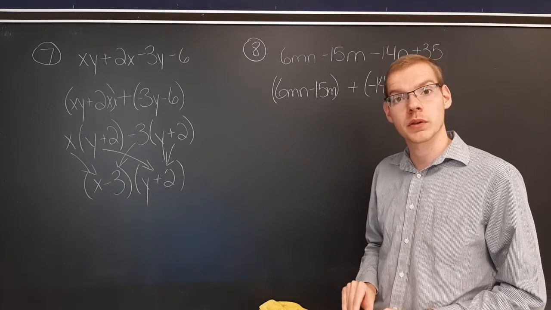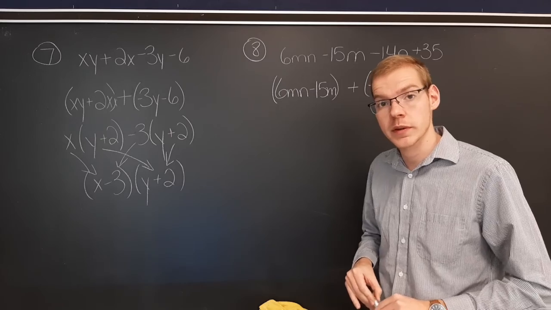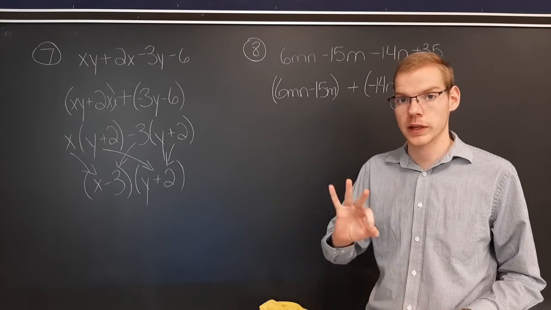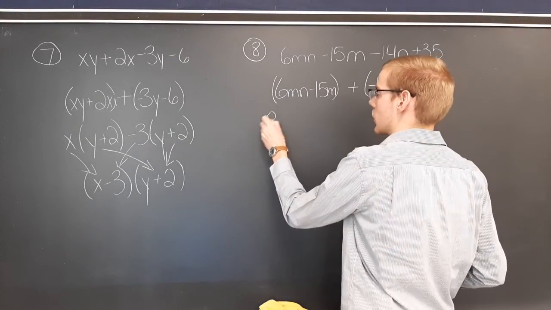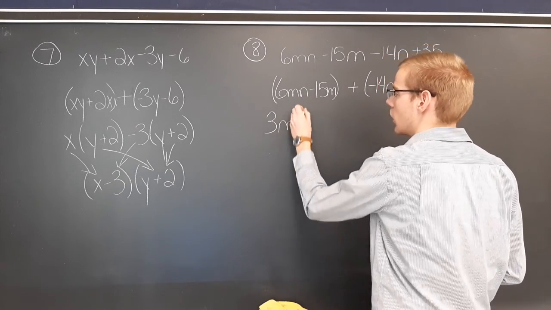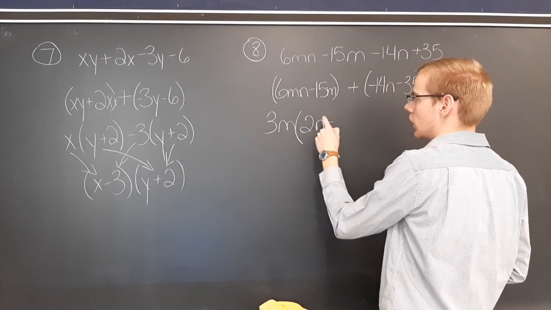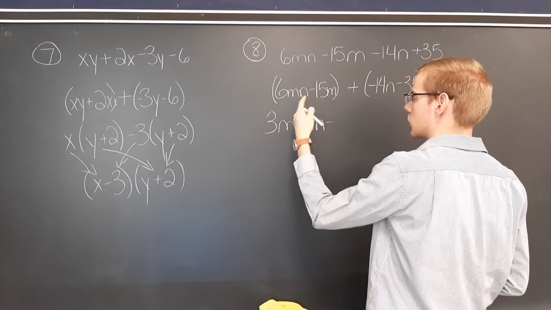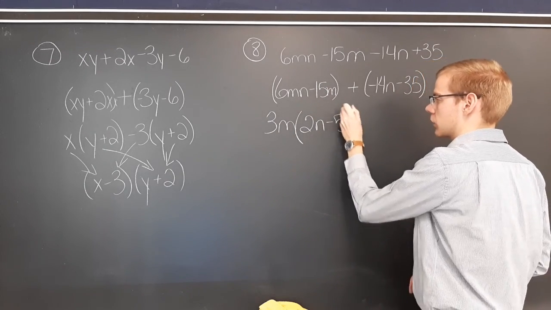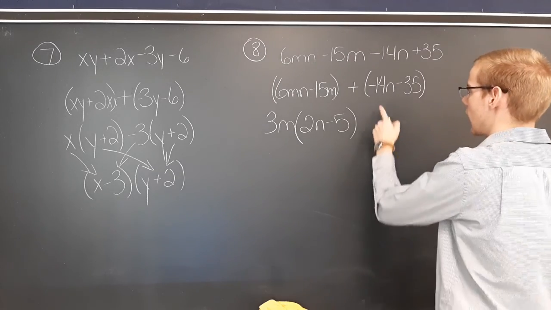What number can go into both? 6 can't go into 15, so we must go to a lower number. It'd be 3. So let's do 3m. What do we have left over here? We have 2n left, and then 3 multiplied by what equals 15? 5. There we go.